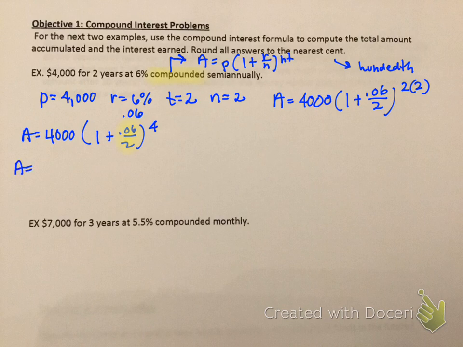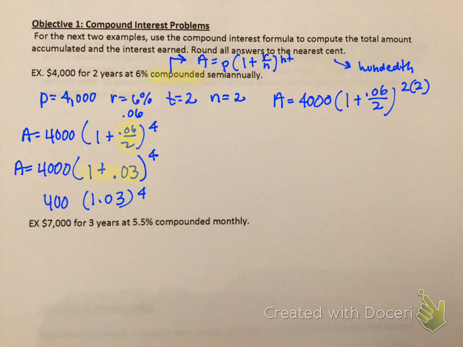So this becomes A equals 4,000 times 1 plus, and when I divide 0.06 by 2, I get 0.03. And this is raised to the 4th power. So now I continue to work inside of parentheses, and I'm going to add 1 plus 0.03. And when I do that, I get 1.03.